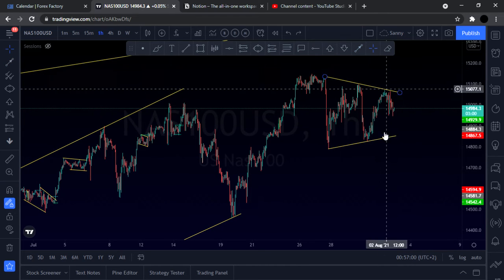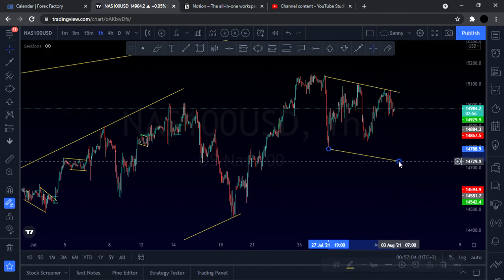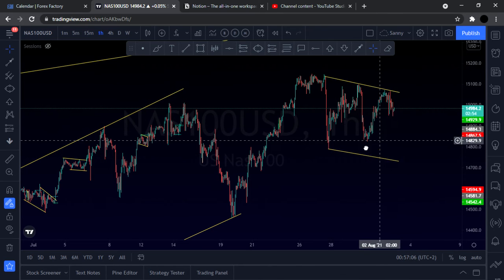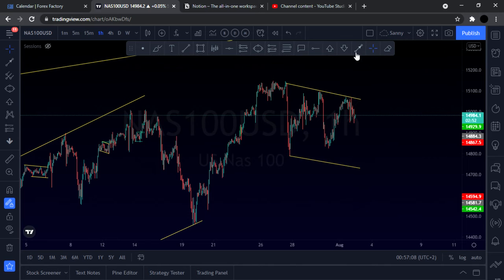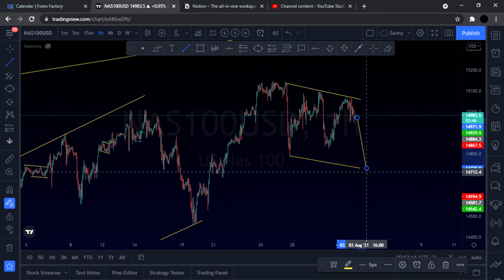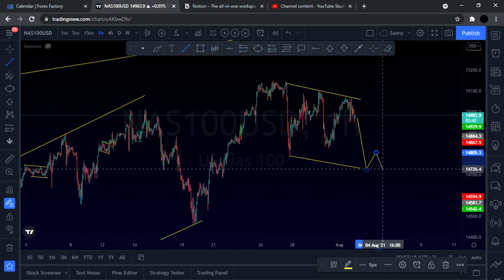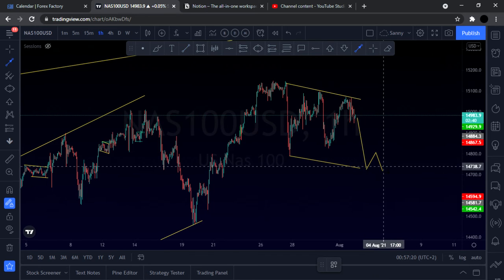Or another thing that could potentially play out when I was looking at Nasdaq is we could potentially see a descending type pattern before we break. We could see price probably come down here, maybe give us a double bottom before eventually shooting to the upside, right?